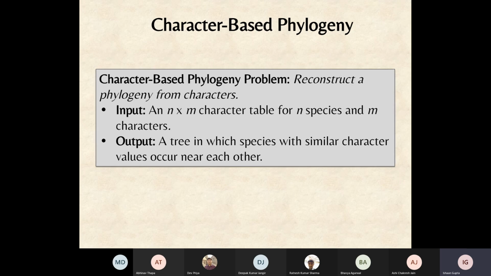So for example, in class, let's say Dev and Bhavya are watching similar kinds of movies, right? And one movie Dev hasn't watched, that will be recommended to Dev's friend Bhavya, and one movie Bhavya hasn't watched, that will be recommended to Dev, right? So these kinds of character-based phylogenies are really useful not only in biology but beyond that.